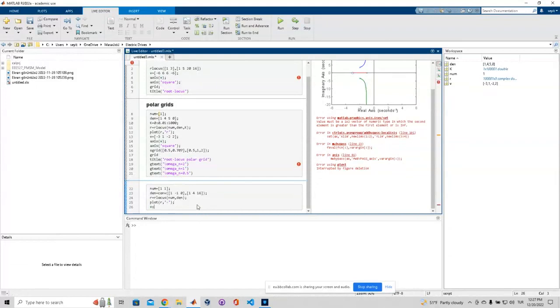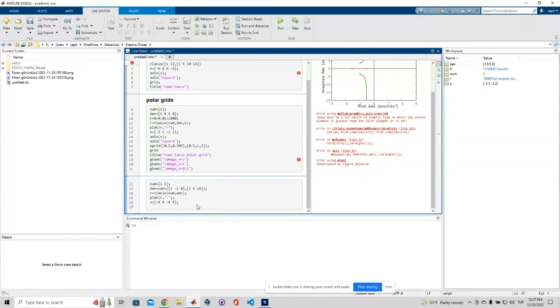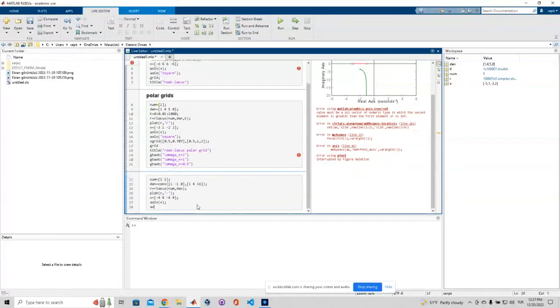Now you're going to define your scale again. Axis V, then axis shape will be square.